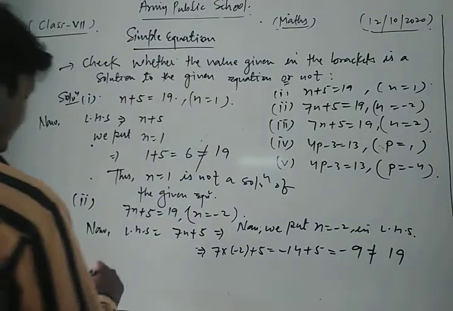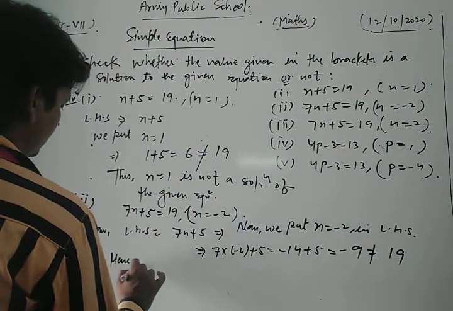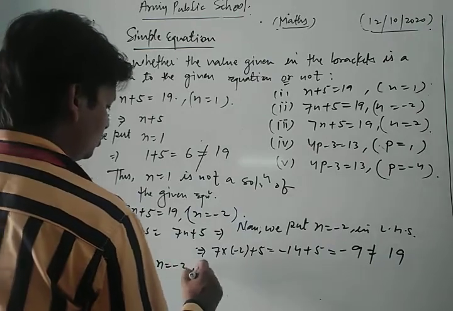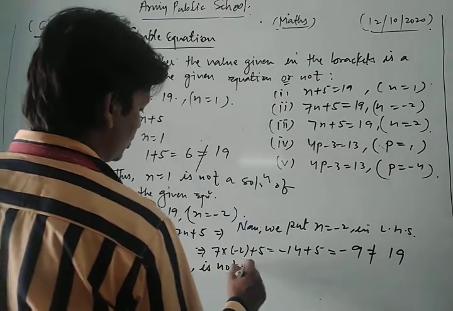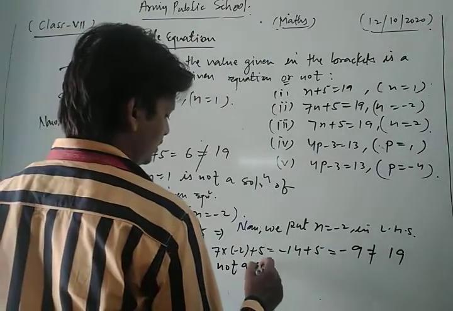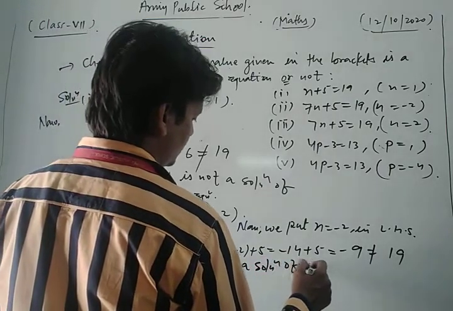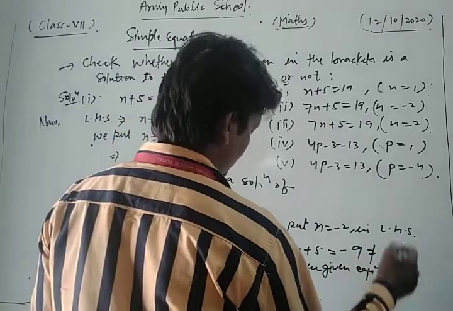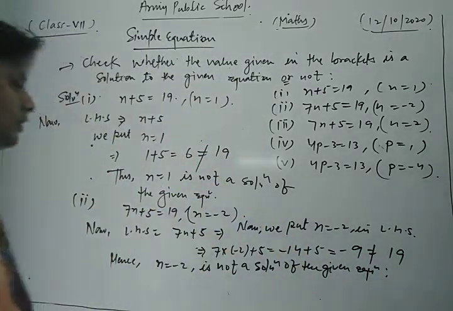Hence, n = -2 is not a solution of the given equation. This is our required answer.